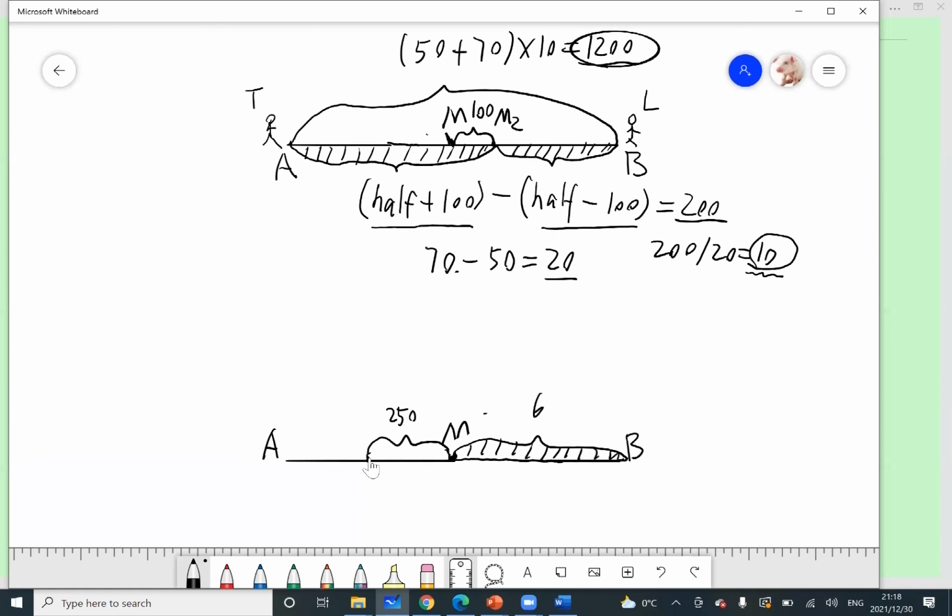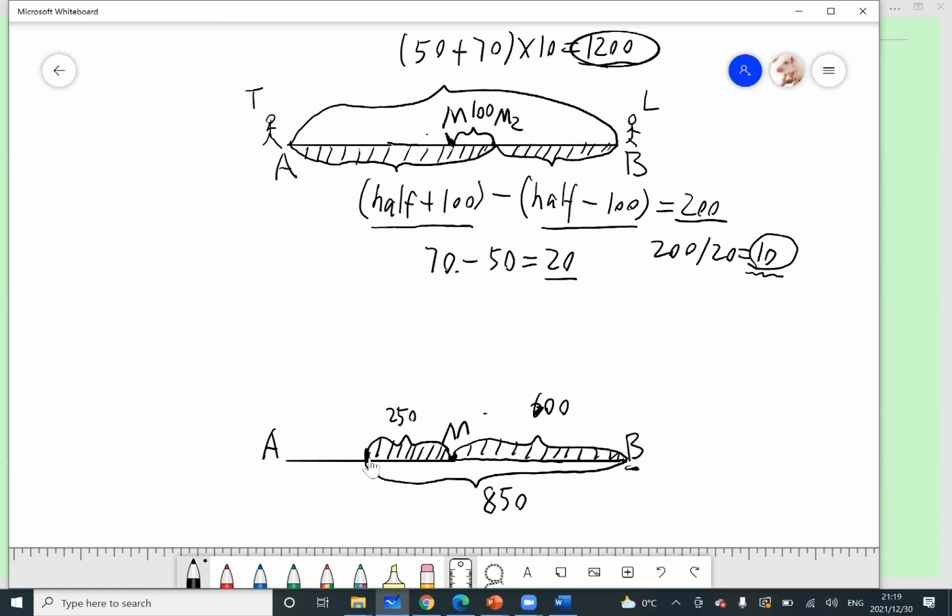So it must be 600 meters, right? So then what is the distance between this point to point B? 850. Very good. So who had traveled this distance? Larry. Yeah, it's Larry. So Larry traveled 850 meters.